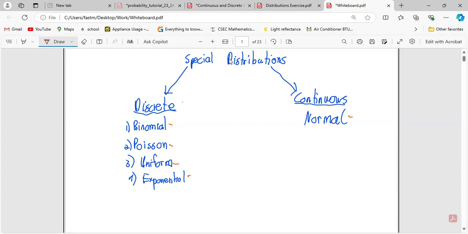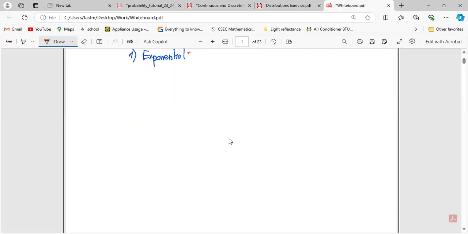Alright, so let me start. Leaving aside the equations, which I will write, let me go through it. The first one is the binomial distribution. Remember, these are for discrete random variables. When you use a distribution, you must state the random variable in the question, which is X. X is always denoted as the random variable.